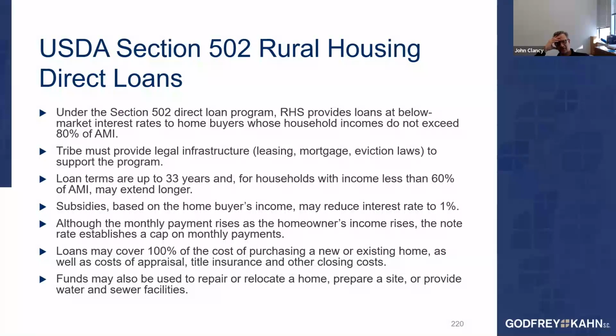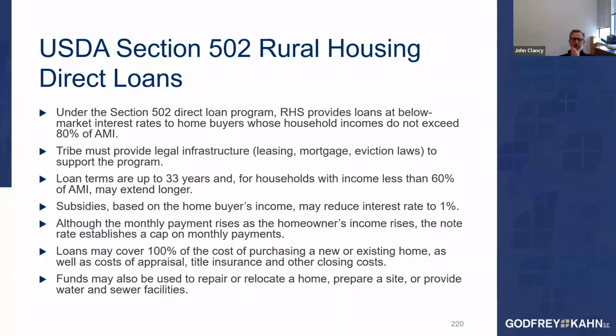You have a relatively long period of time to pay back, even though in this case, in Indian country, there would typically not be a mortgage. And you have a lower rate of interest, focused on folks that don't have as much money. Both tend to make the homes more affordable and the program more accessible.